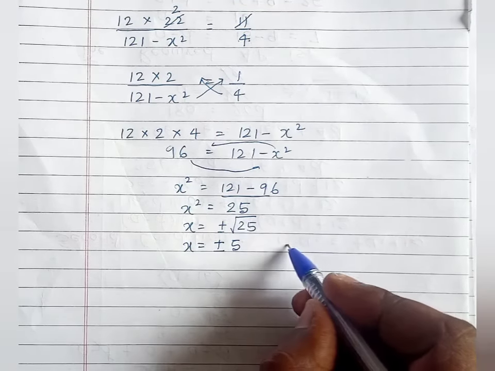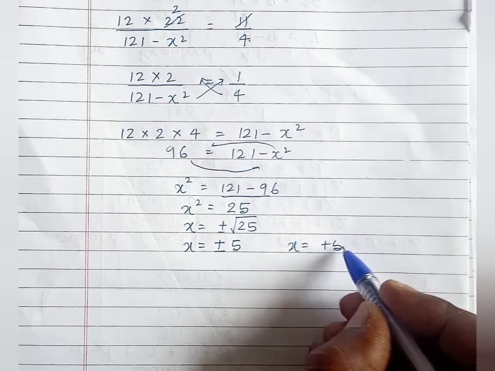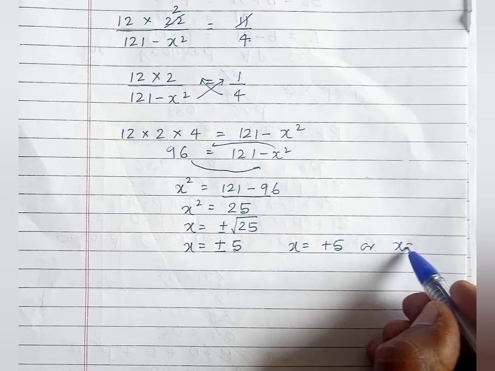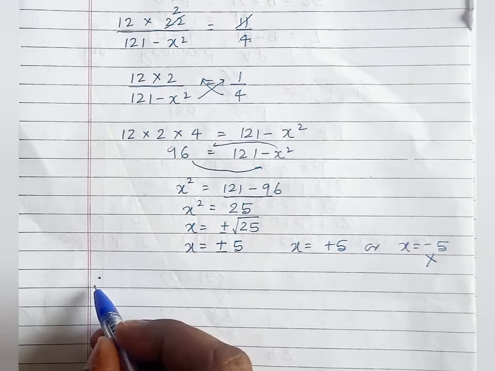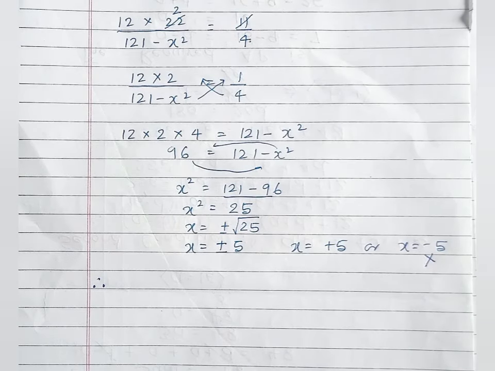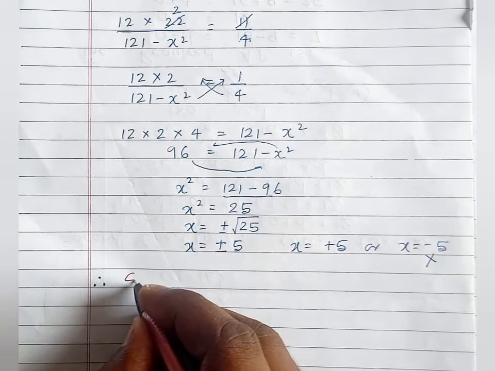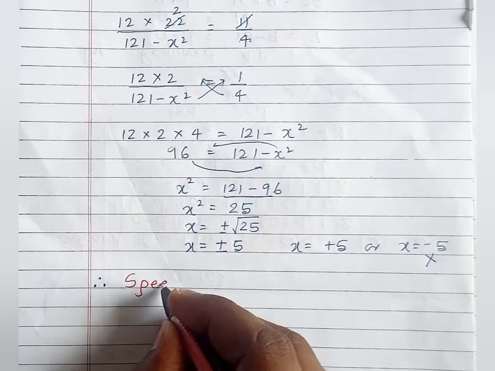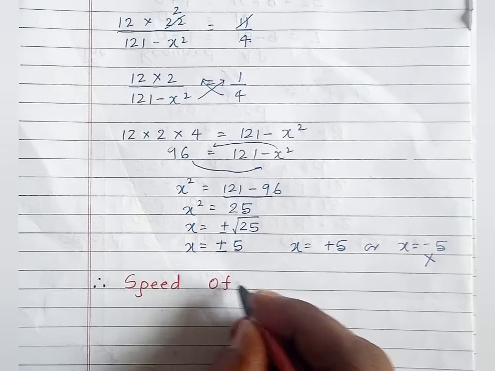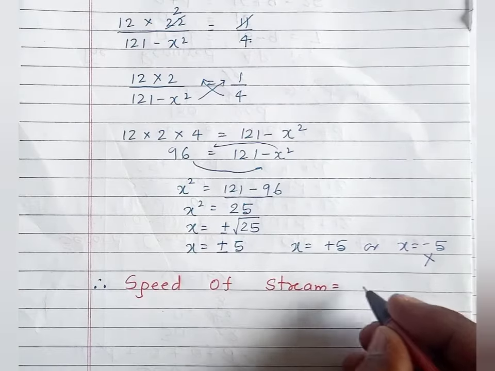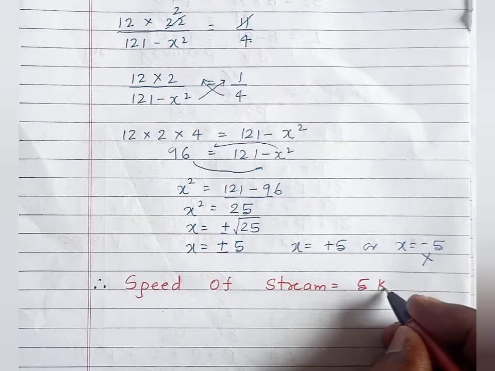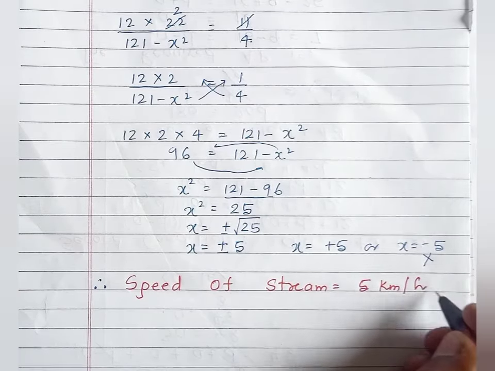Therefore x equals plus 5 or x equals minus 5. Speed cannot be negative. Therefore the speed of the stream is 5 km per hour.